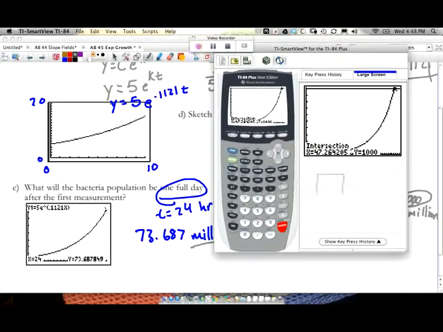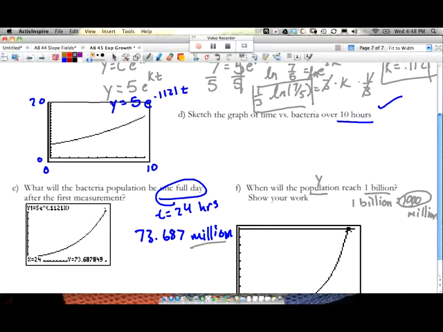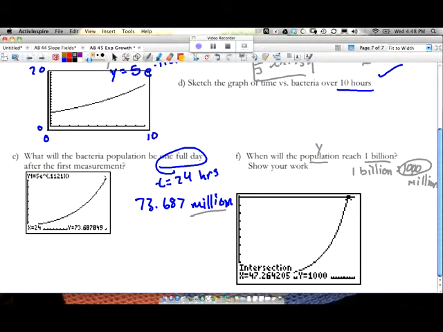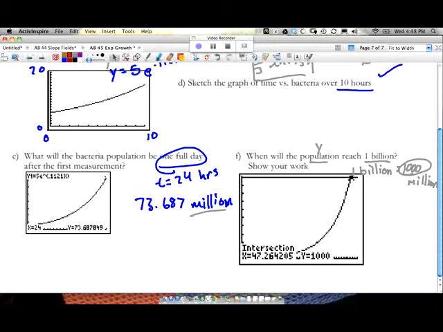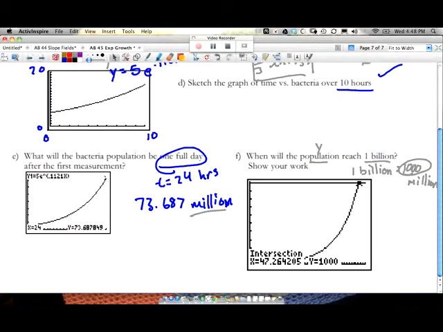47.26. So I'm going to bring this down so we can annotate it a little bit. Move this over. So what are we looking at? When does it actually equal 1 billion? When does the bacteria equal 1 billion? It's right there. Right here. When does that happen?